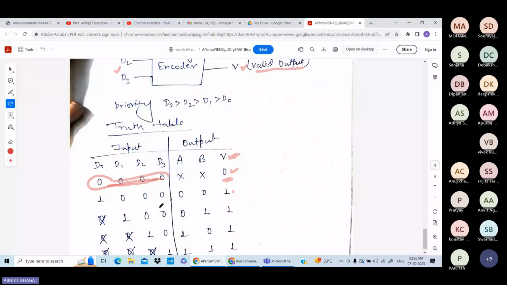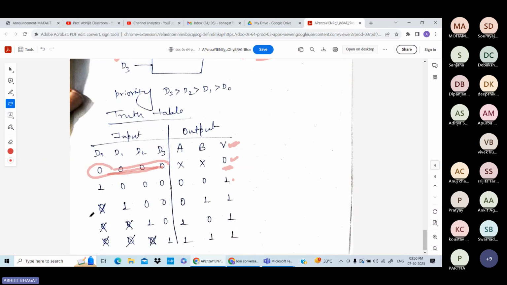Now suppose D0 is 1. Your V will be 1 because one input is active. So when D0 is 1, your output A and B is 0, 0. For D1, it is 0, 1.